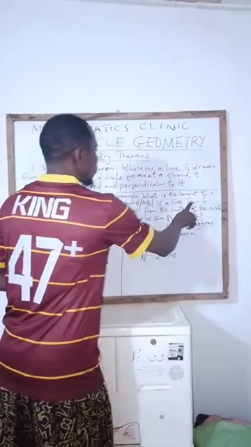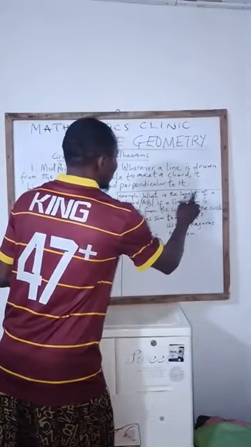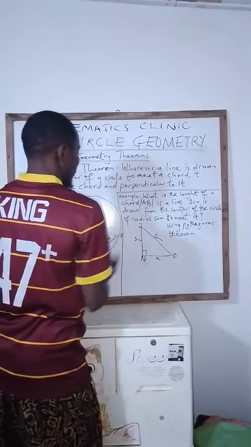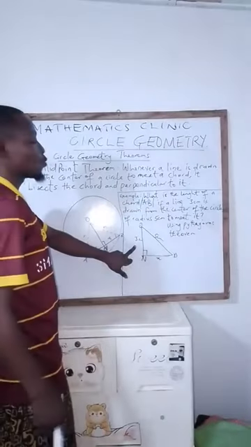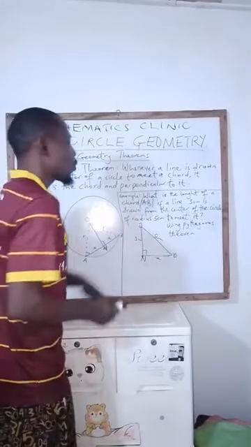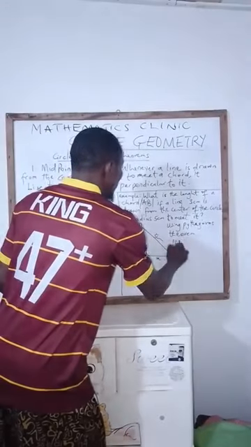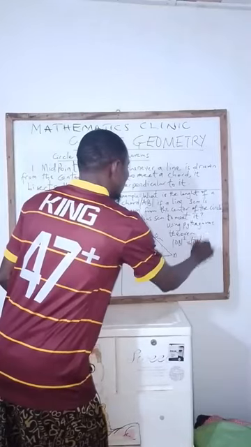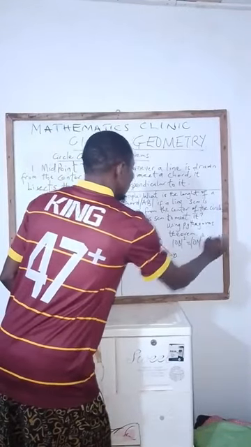Let's change this to 3 centimeters. So the line drawn from the center of the circle is 3 centimeters. From circle geometry, OB square is equal to ON square plus NB square.